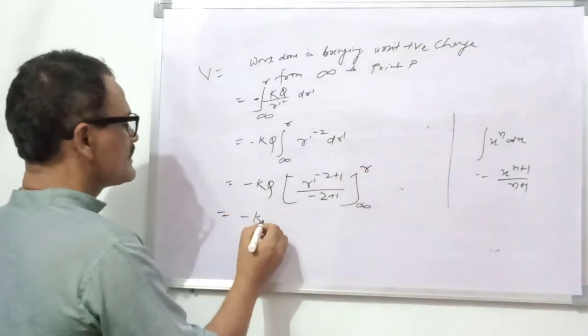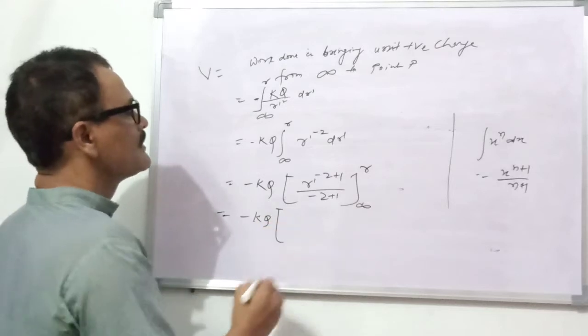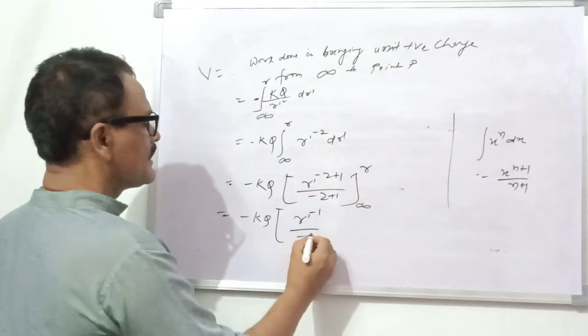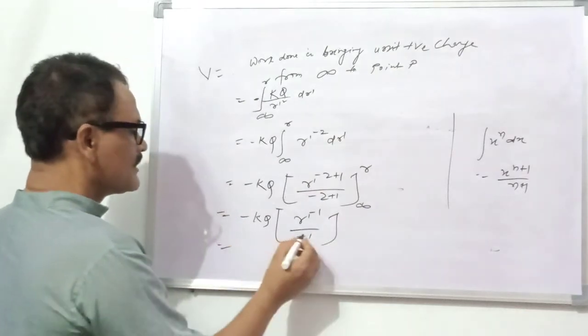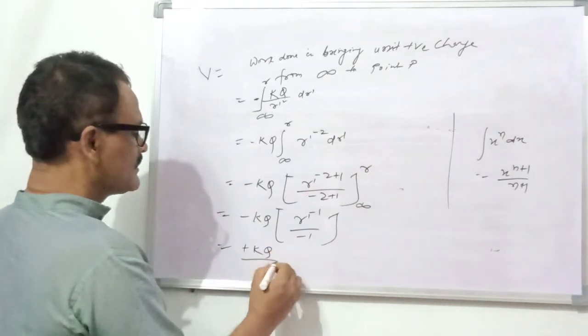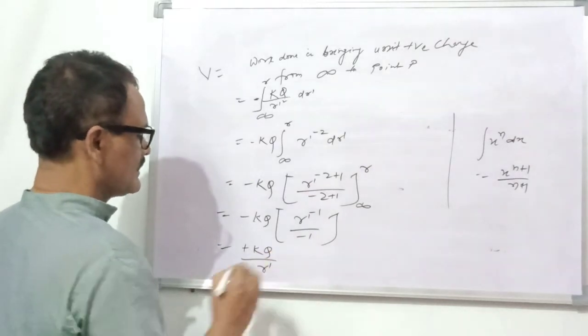So minus kQ times r dash to the power minus 1 divided by minus 1, and minus minus is plus, so this is kQ divided by r dash.